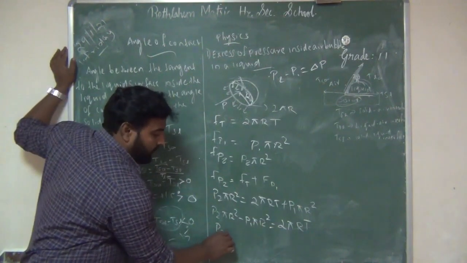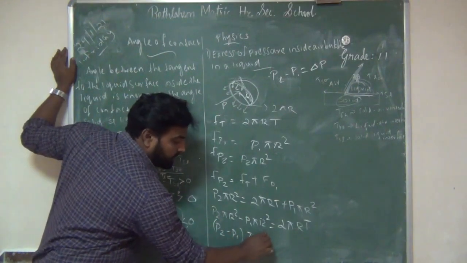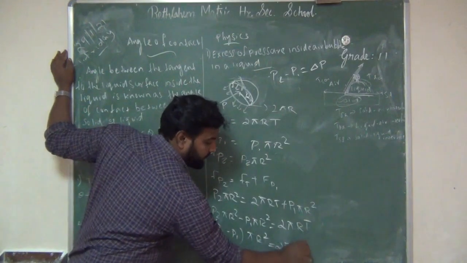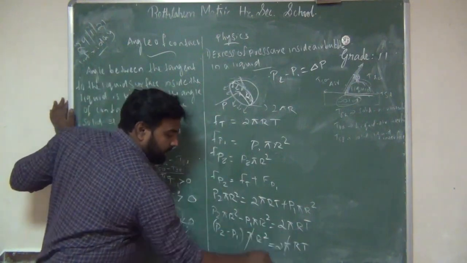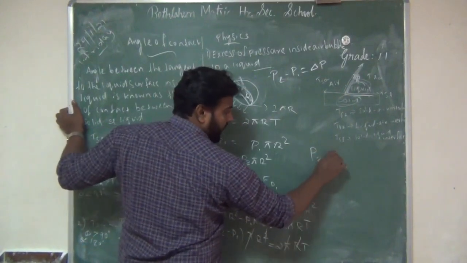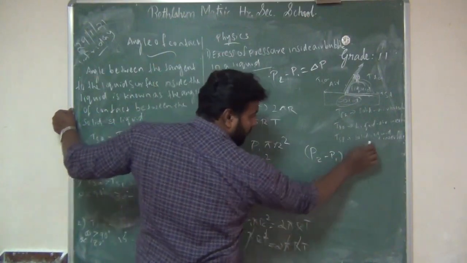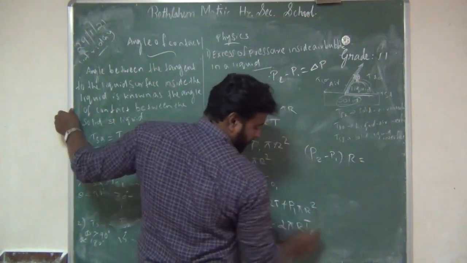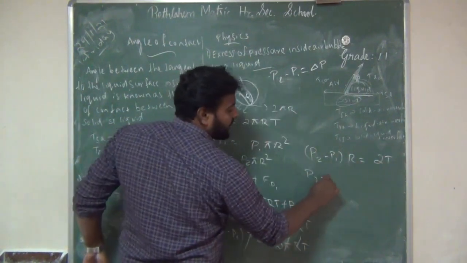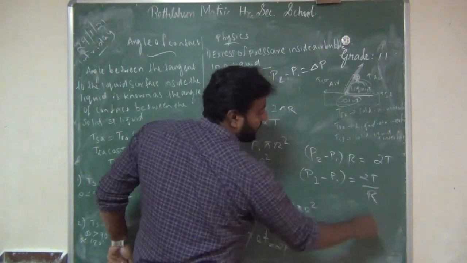So P2 minus P1 into pi r square equal to 2 pi r T. Now pi cancels, r cancels. So what is remaining? P2 minus P1 into r equal to 2T. So P2 minus P1 equal to 2T by r.